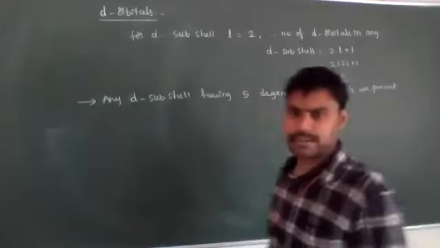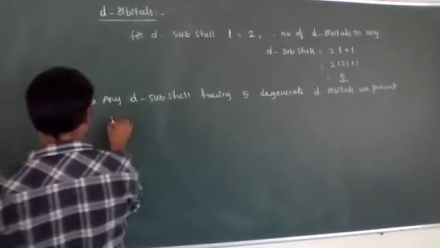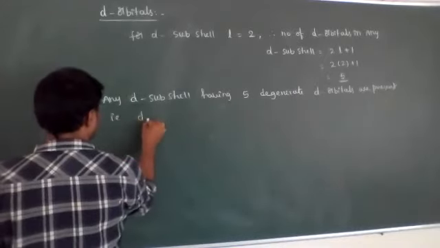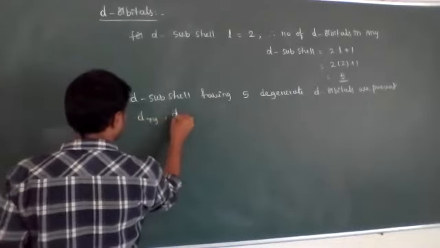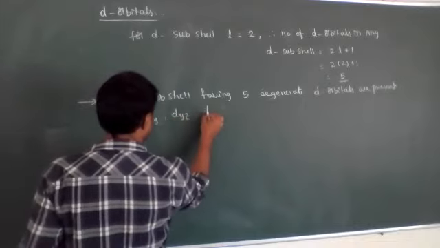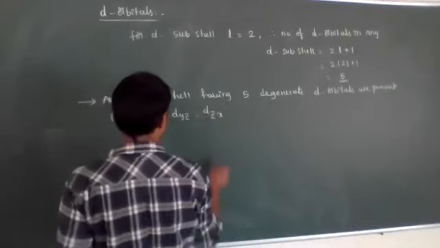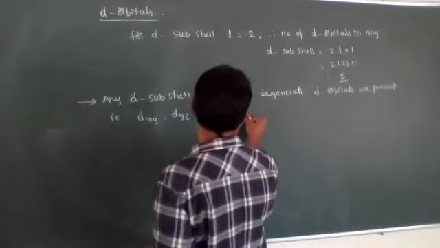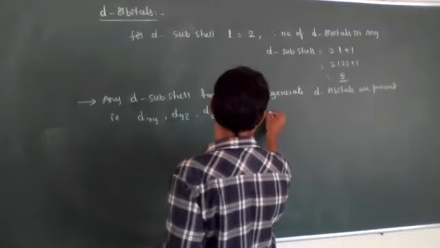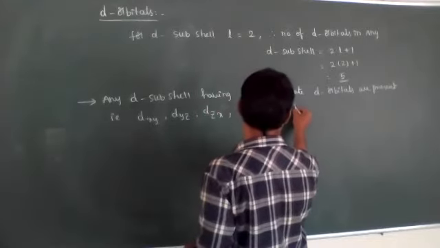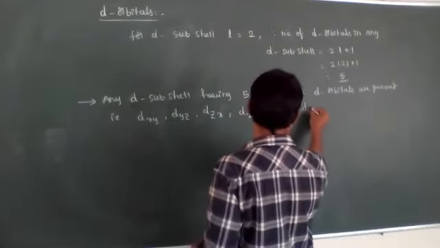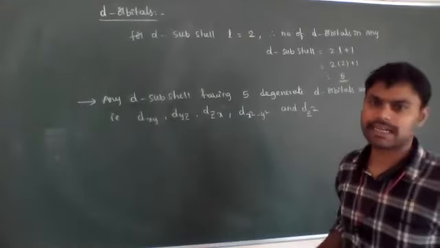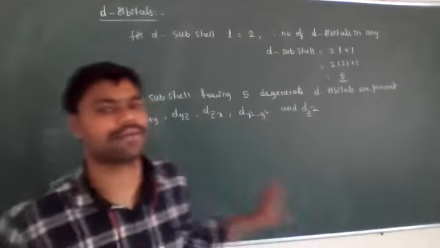That is dxy, dyz, dzx, dx square minus y square, and dz square. So these are the 5 d orbitals.